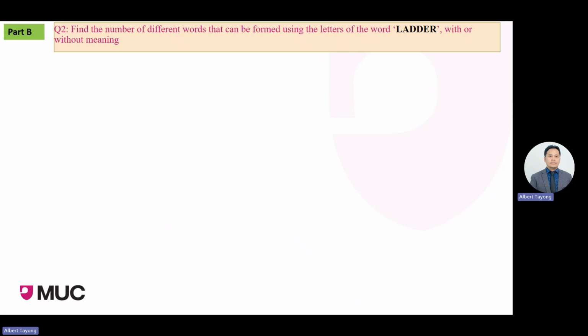Okay, here you're going to find the number of different words that can be formed using these letters. So these letters, LADDER, have some repeated elements. The repeated letter here is D actually. So we are going to form different words using the word LADDER, with or without meaning.